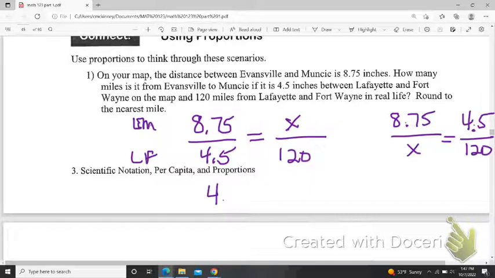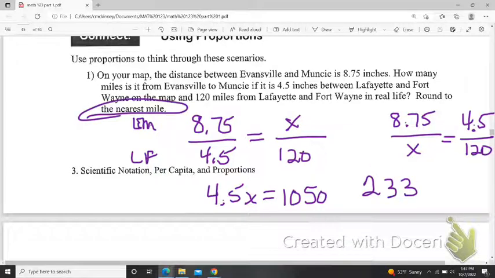So I have 4.5x is equal to 1,050, no matter which way I do it. So divide by 4.5 to get 233, round to the nearest mile, so 233 miles. All that extra 0.3333, we're just going to round that off to the nearest mile because that's what it told us to do.